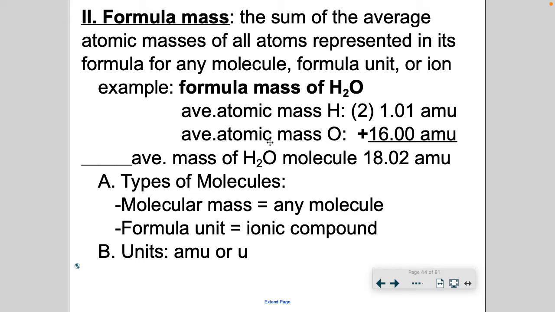And then the average atomic mass of oxygen, on mine it says 15.99, but depending on the periodic table that you use, it might just round up to 16. So then you'd add them up. So 16 AMUs plus 2.02 AMUs, you get 18.02 AMUs. So the formula mass of H2O would be 18.02 AMUs.